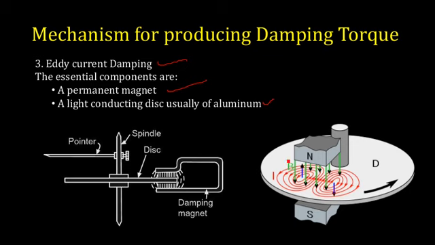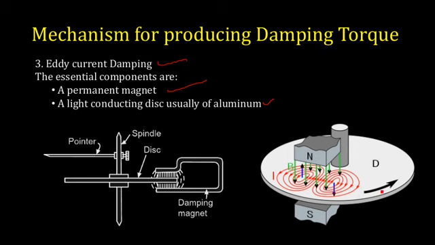Here this is not flowing like a conductor. The entire disk is taken as a single conductor, and you have currents flowing in a circular manner. These circular currents are known as eddy currents, and they are produced due to the rotation of this disk under the influence of the magnetic field. Now, based on Lenz's law, the effect will be opposing the cause.